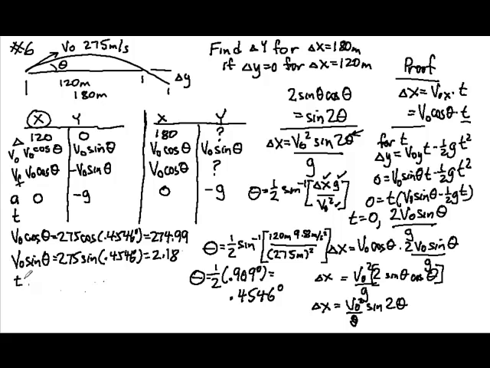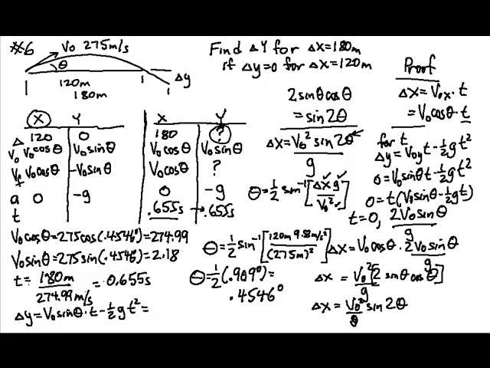We know that t is equal to the distance we're traveling, 180 meters in the horizontal direction, divided by our velocity, 274.99 meters per second. So let's see what our t is. T is 0.655.